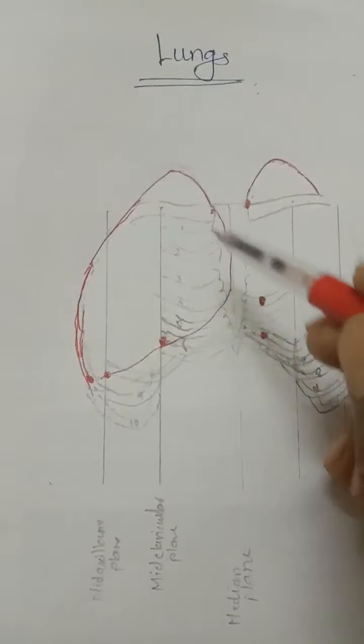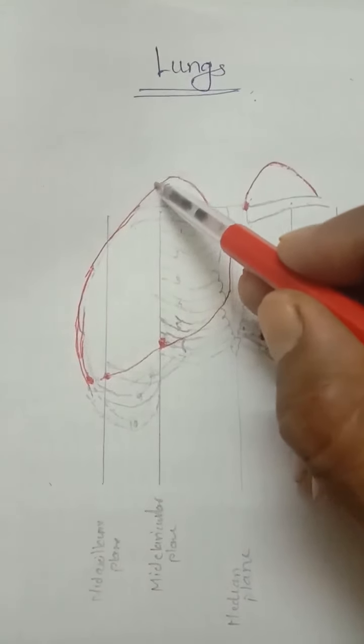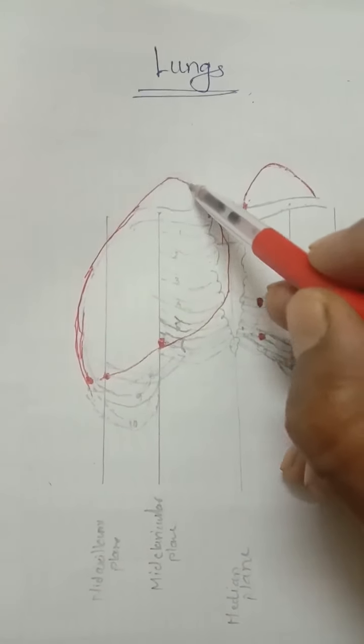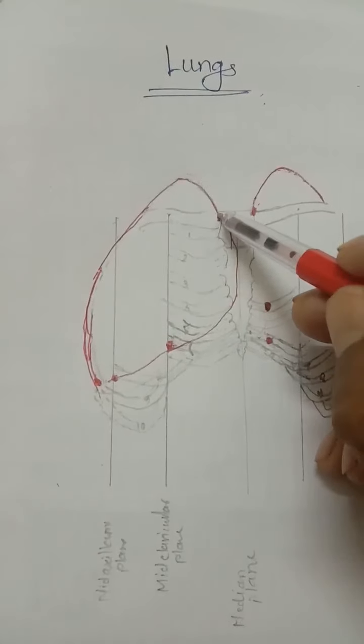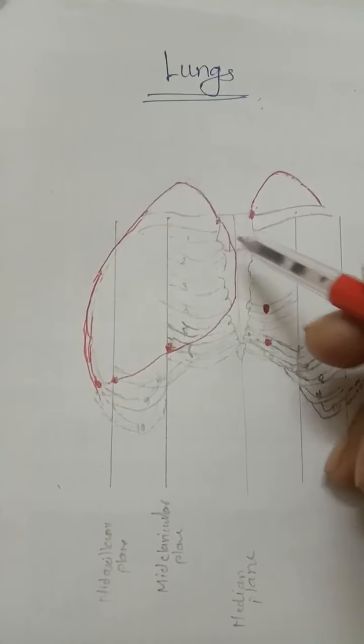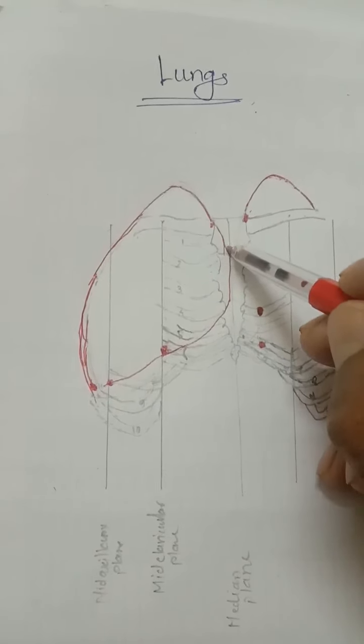Then the apex, which is present just medial to the third of the clavicle, then the sternoclavicular joint, then the median plane.